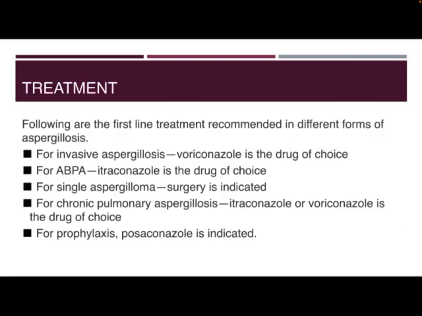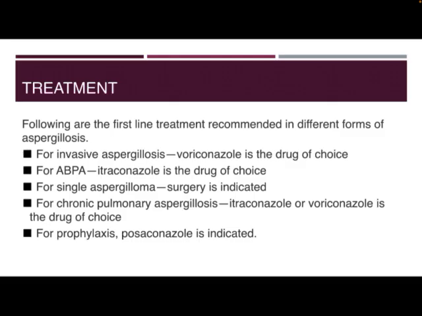The last part of the lecture tells us how to treat the disease. The treatment includes common antifungal agents, but the antifungal agent may be different for each species. For invasive aspergillosis, we use voriconazole.